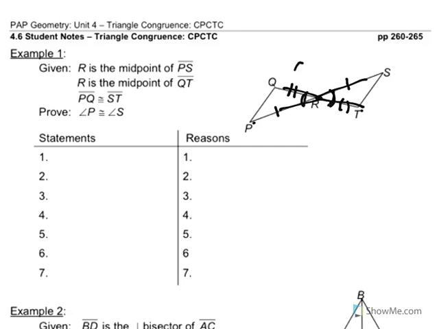And how do we know that? Because all vertical angles are congruent. So either way, that would be side, angle, side. That's going to help us prove the triangles are congruent. So let's go ahead and write out the proof. R is the midpoint of PS, so we'll start with that. And that is a given.